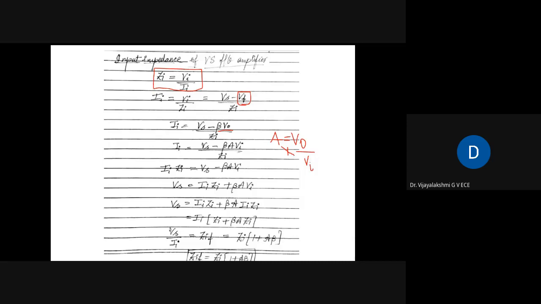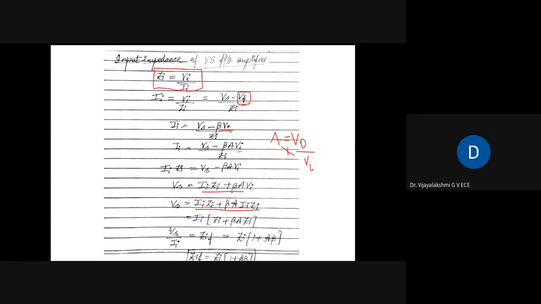Now we have cross multiplied here, so I get Ii into Zi is equal to Vs minus beta times A into Vi. I have taken all the other parameters to the right hand side and Vs is taken to the left hand side. So in this equation, Ii into Zi can be taken as common.